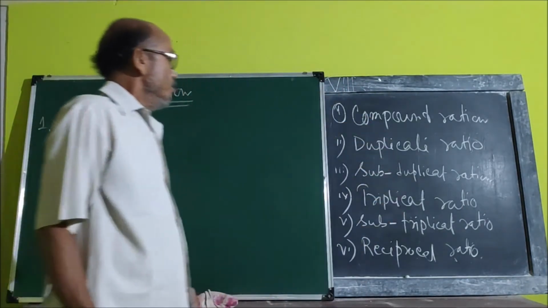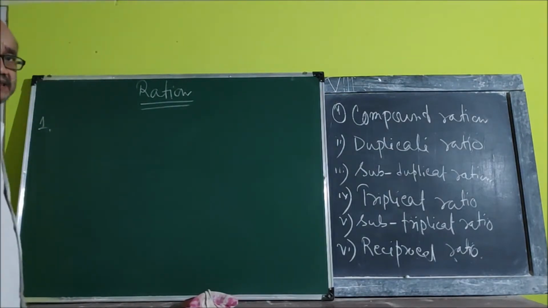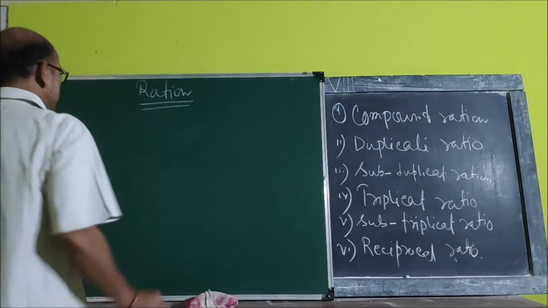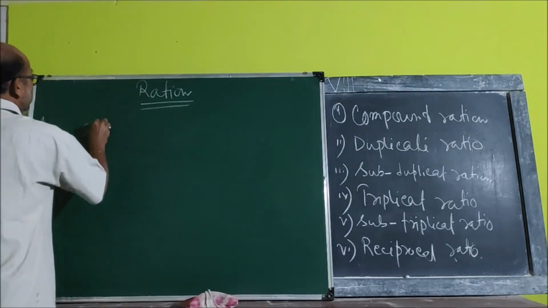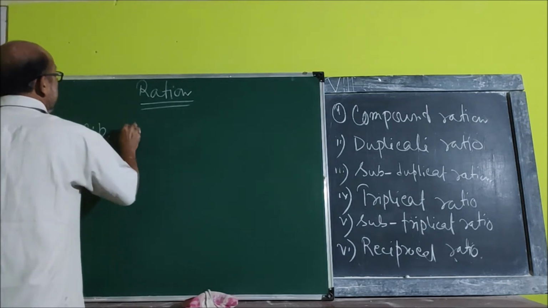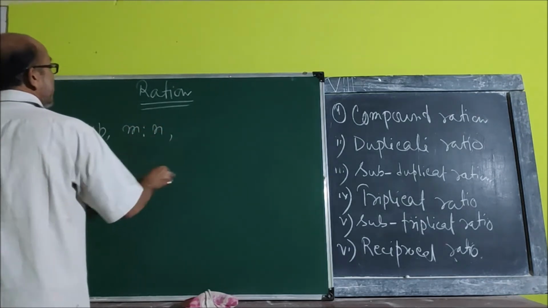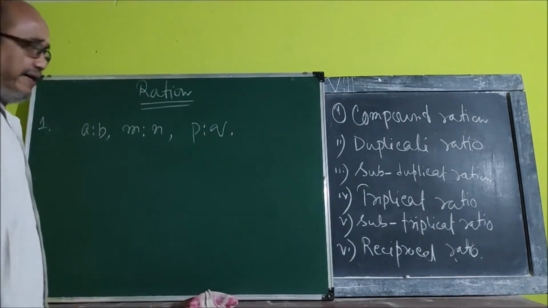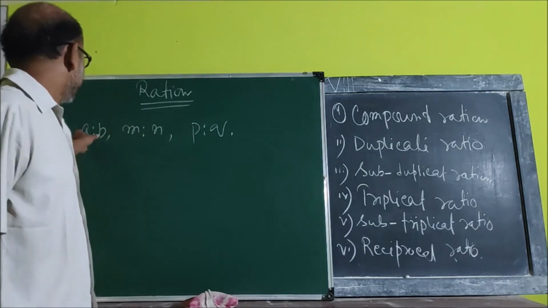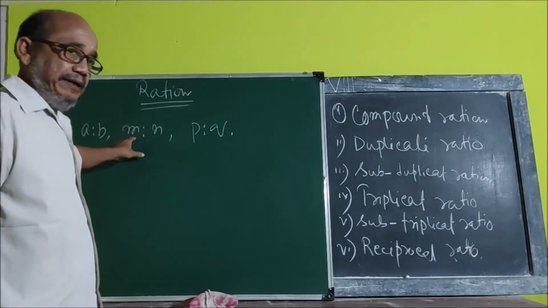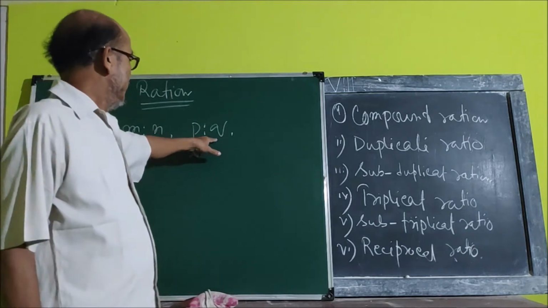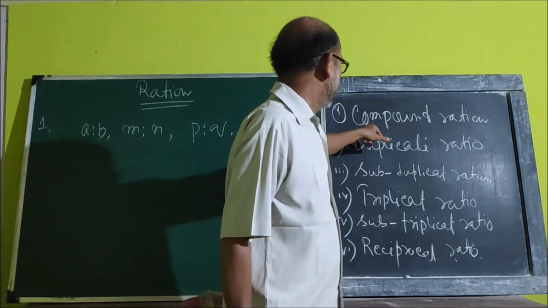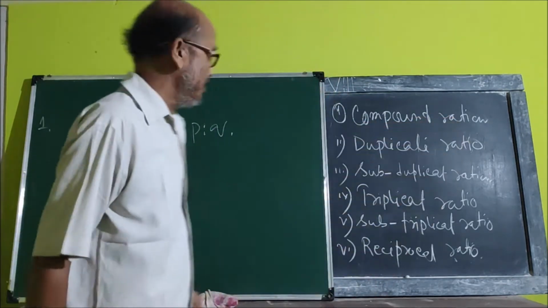Suppose A is to B, M is to N, and P is to Q. You are given three ratios, A by B, M by N, P by Q. Then we have to express these in a compound ratio.